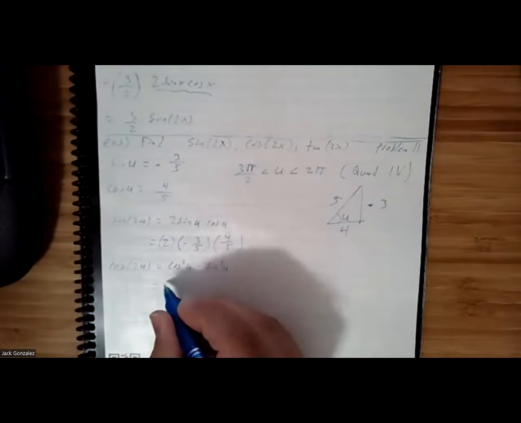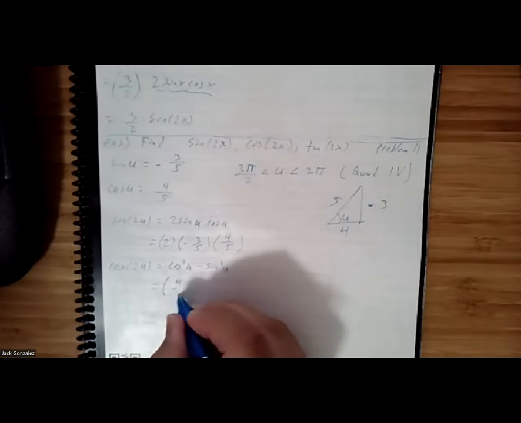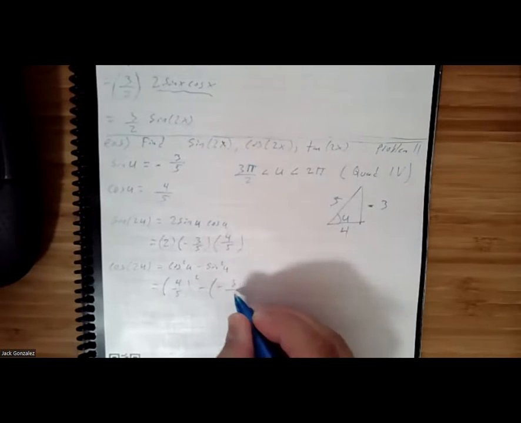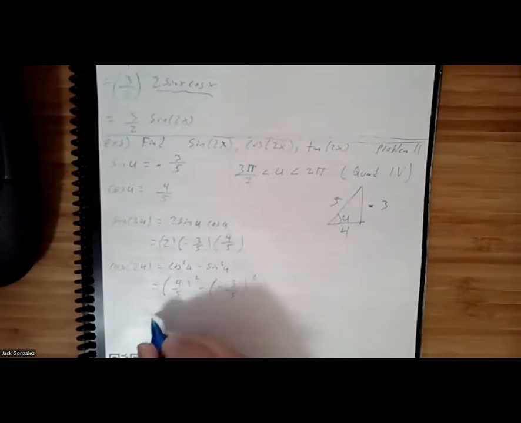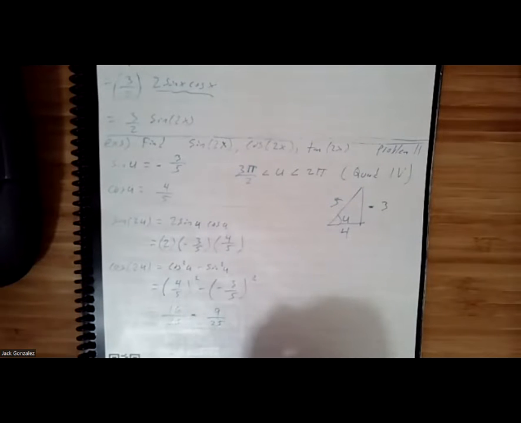So plug in cosine squared minus sine squared. So that'll be 16/25 minus 9/25. 16 minus 9.